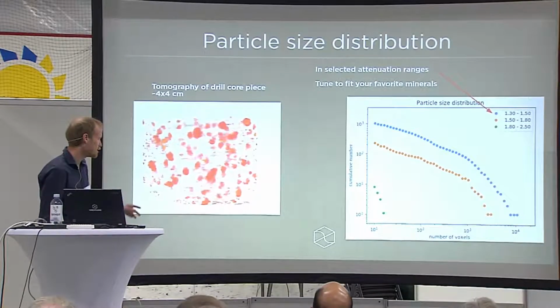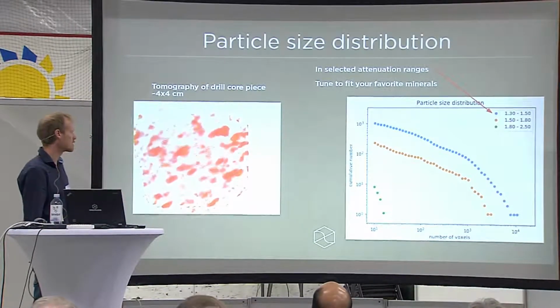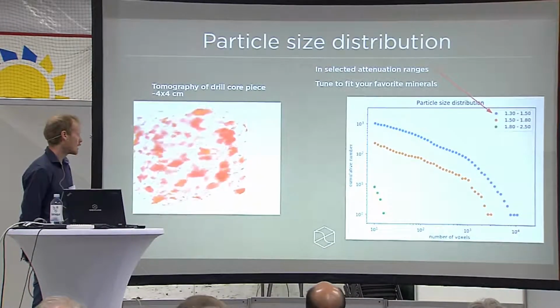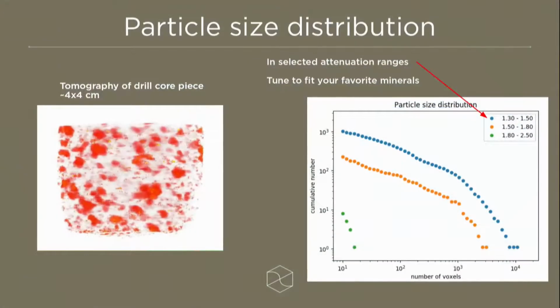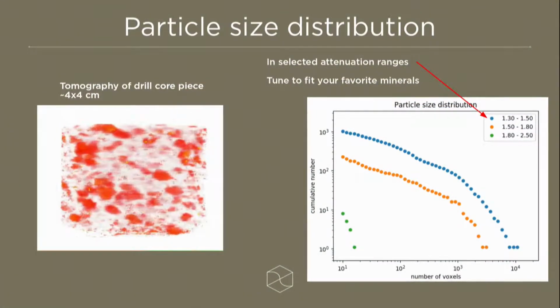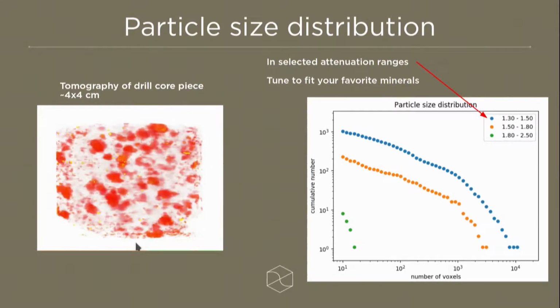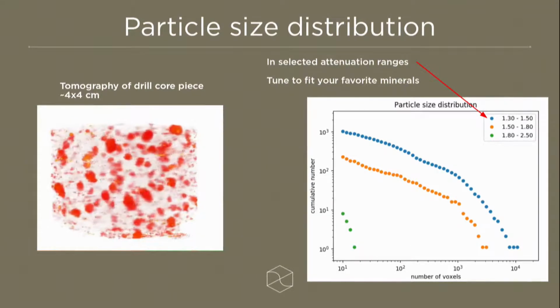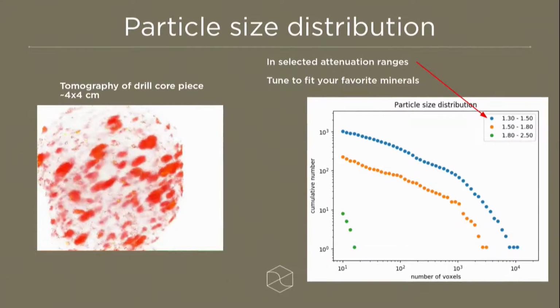Here is a different piece of drill core. It's again roughly 4 by 4 centimeters. You have lots of particles in there with a bit higher attenuation in red here. What we can do is to simply measure the number of voxels that belongs to each particle, and that gives you a measure of the size of the particle.